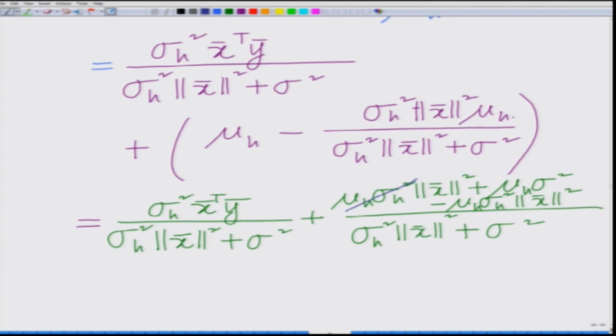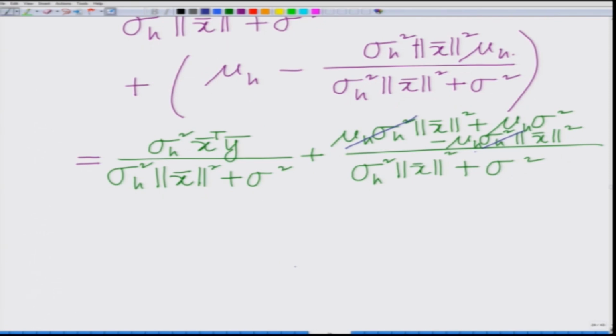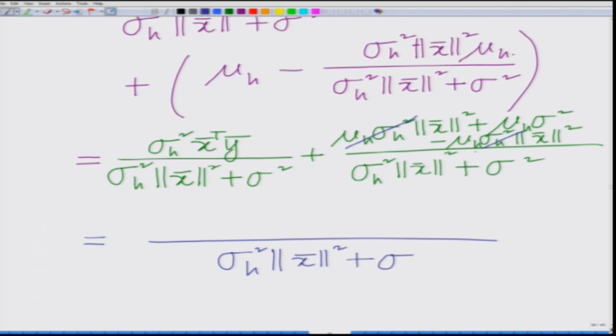Of course, these two terms will cancel, and what you have is basically net. Now, once you bring them onto a common denominator, what you will have is sigma h square x bar transpose y bar plus mu h into sigma square.